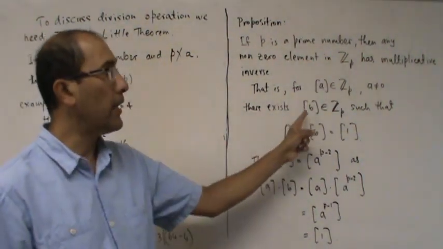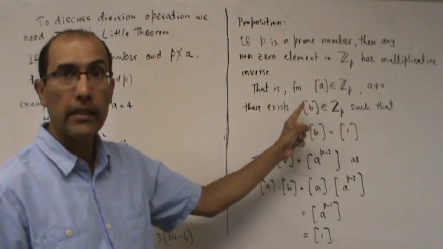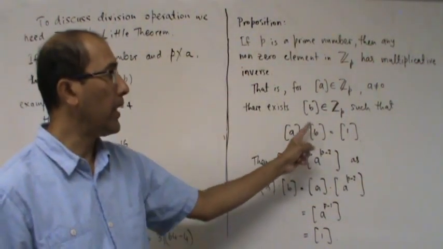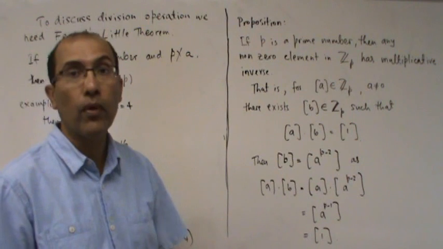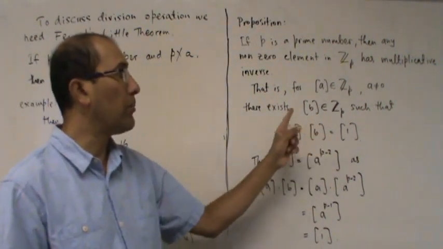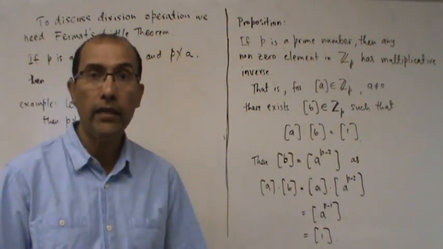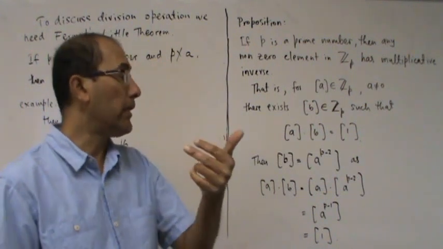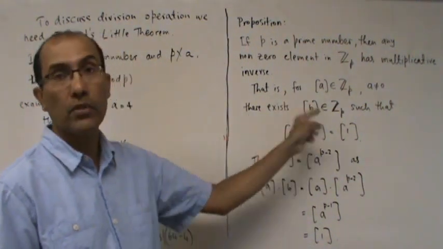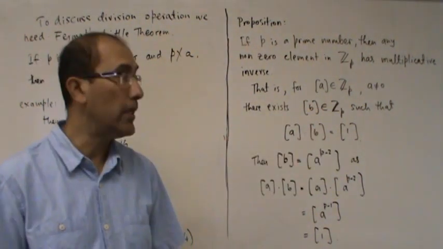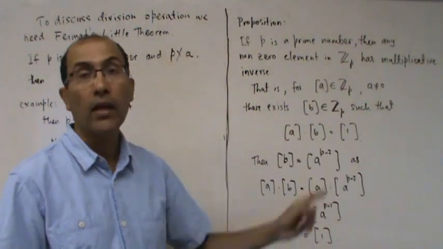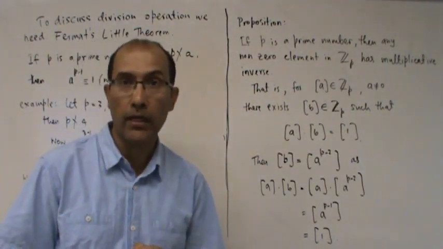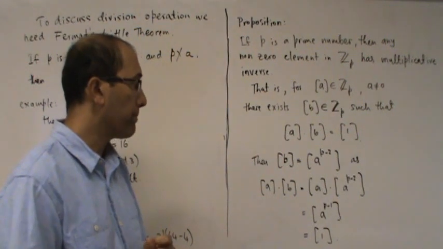Then there is another equivalence class B, so that if I multiply A and B, it will be equal to 1. Then B is called the multiplicative inverse of A, and by that also A becomes the multiplicative inverse of B, because when you multiply them I get the identity for multiplication, which is 1.